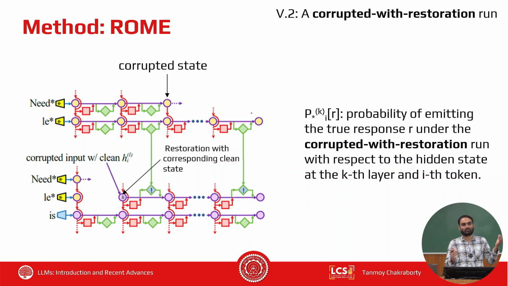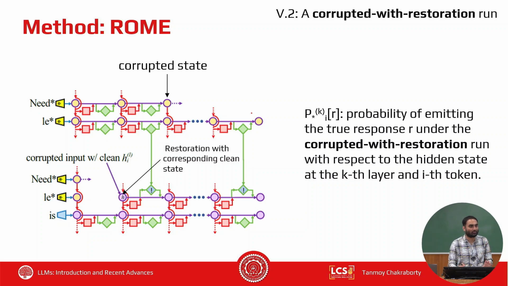Think about it. When you restore the hidden state, versus when you restore the multilayer perceptron, this restoration will also have effects in the other layers. It is still not very clear what the amount of effect is that the multilayer perceptron is playing, and what the amount of effect is that the attention is playing.